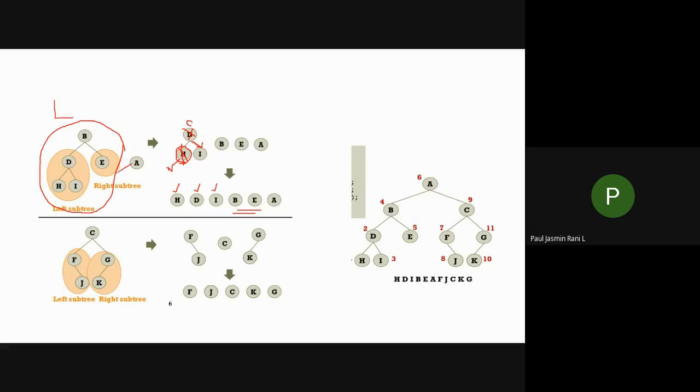It is attached to the left subtree of your root element, isn't it? The whole part is over, so now I can visit this A. So after visiting all the elements in the left subtree, now I am going to visit this A. Can you follow? The left subtree of the root element is over. So I am going to visit this A.